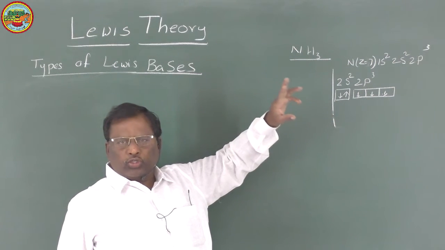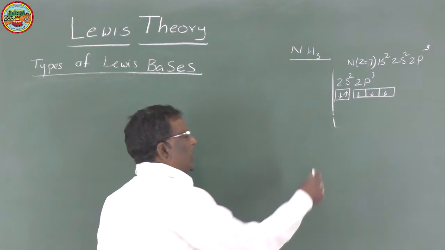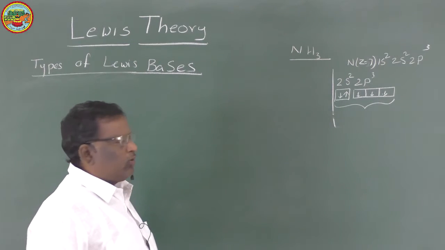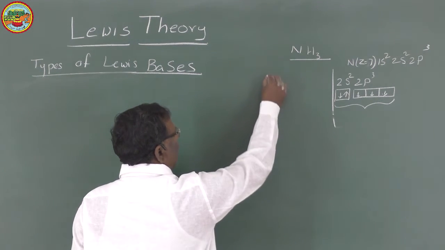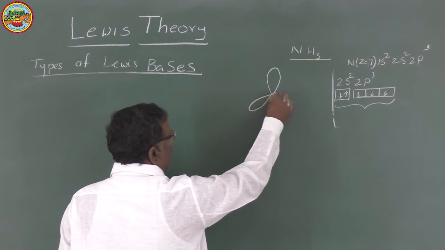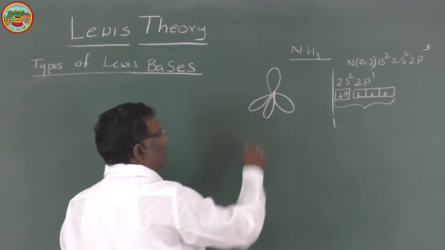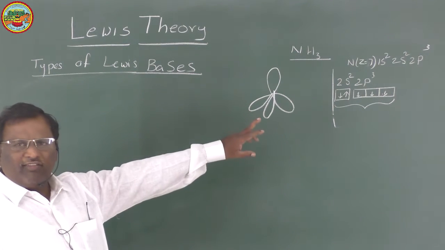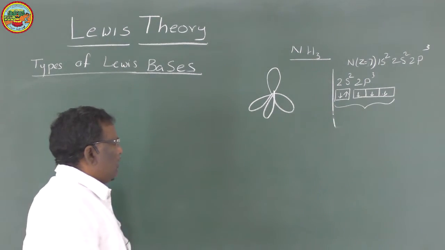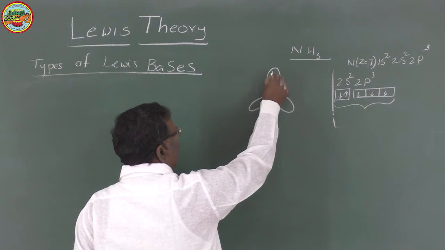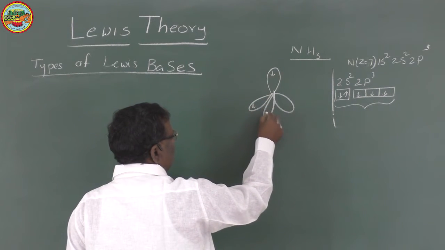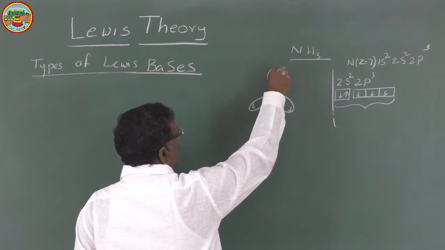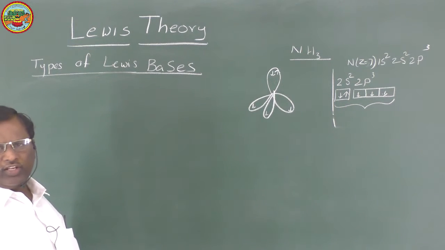During the formation of a molecule, it undergoes sp3 hybridization. When it undergoes sp3 hybridization, it forms 4 hybrid orbitals which are tetrahedral in shape. Now when the 5 valency electrons of nitrogen are distributed in these 4 hybrid orbitals, 3 hybrid orbitals are filled with 1 electron each, and 1 hybrid orbital with 2 electrons.